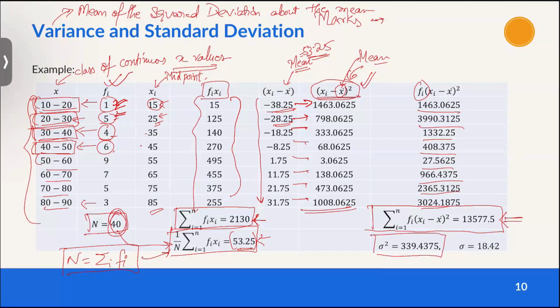So sigma squared, which is the variance, comes out to be 339.4375. And sigma, which is the standard deviation, is just the square root of variance, which comes out to be 18.4542. Okay. So we have seen how we'll calculate variance and standard deviation of continuous frequency distribution, right?